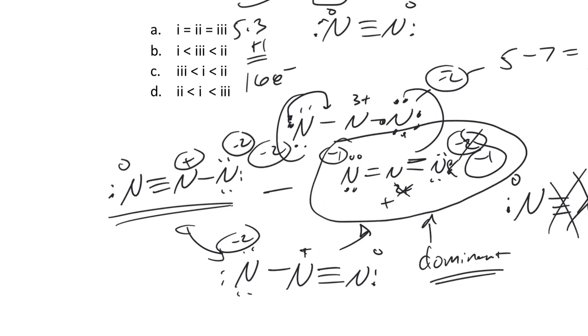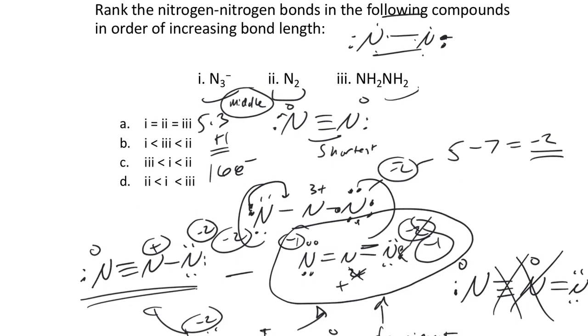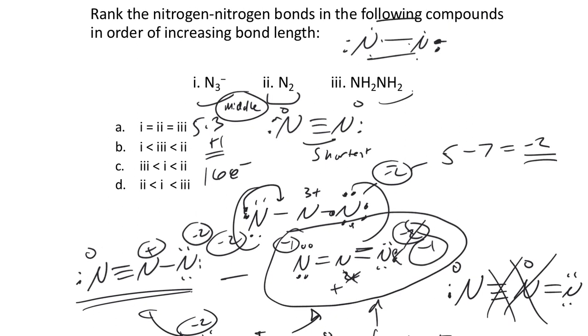And so then if we're ranking our bond lengths already, this is going to be the shortest because it's the triple. And this is double, so this should be in the middle. And then NH2, NH2, hopefully this is single, because otherwise we might have a hard time answering the question. But NH2, NH2 would just have 2 hydrogens on nitrogen, and then nitrogen's connected here.